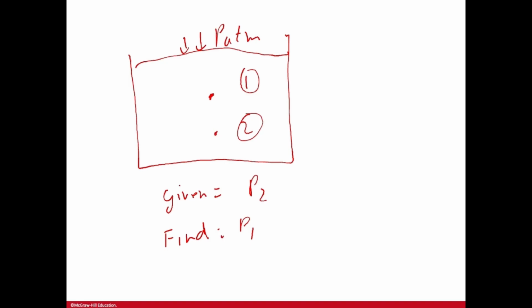P1 and P2 are related by this height. Let's say that height is given to be h. So P1 and P2 are related by rho g h.